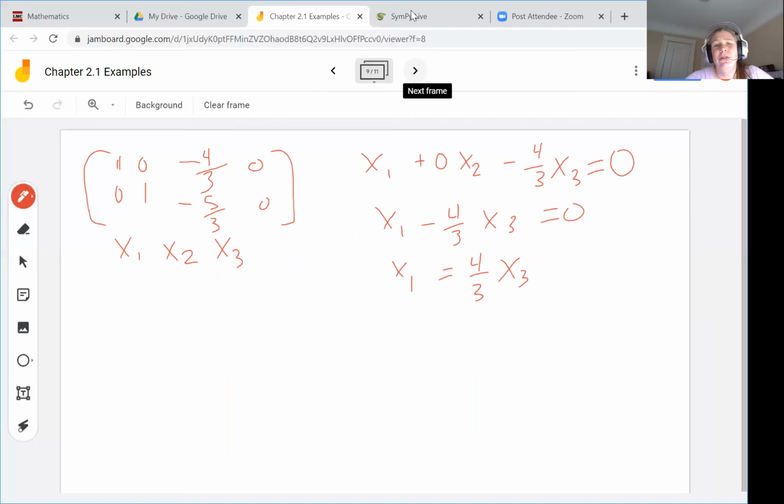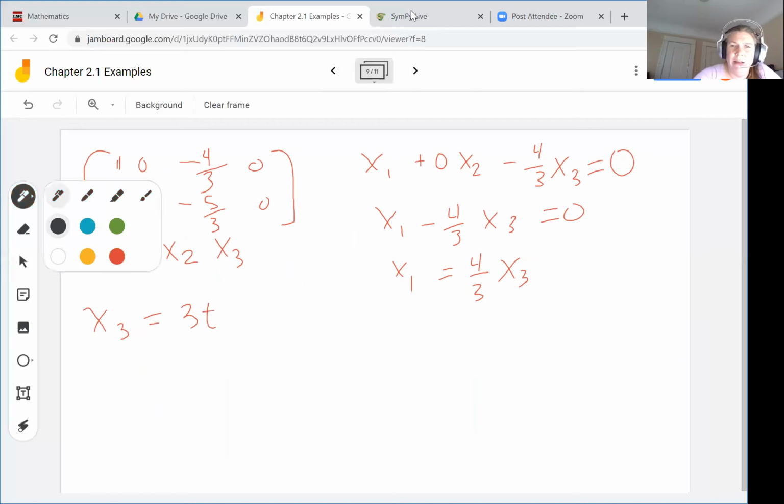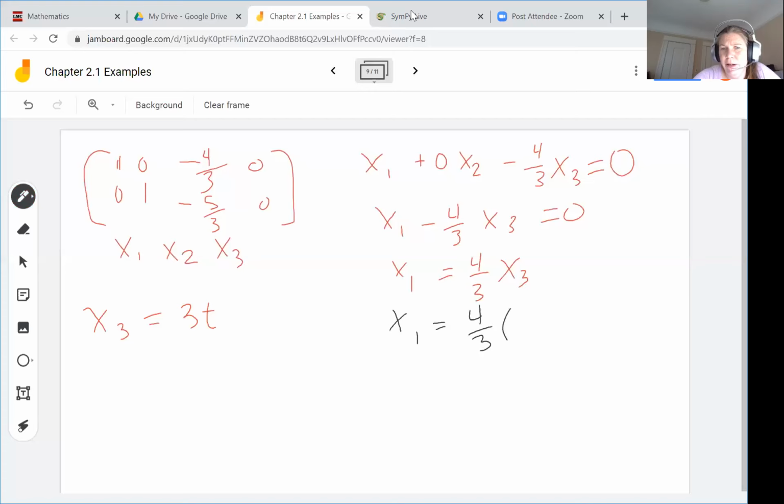And so in order to make lives a little bit easier and eliminate dealing with the fractions, we're going to use that denominator 3 that shows up in both fractions here, and say x3 equals 3t. And if I'm solving for x1, x1 is going to be 4/3 times 3t, and our 3 nicely cancel there, so x1 is 4t.